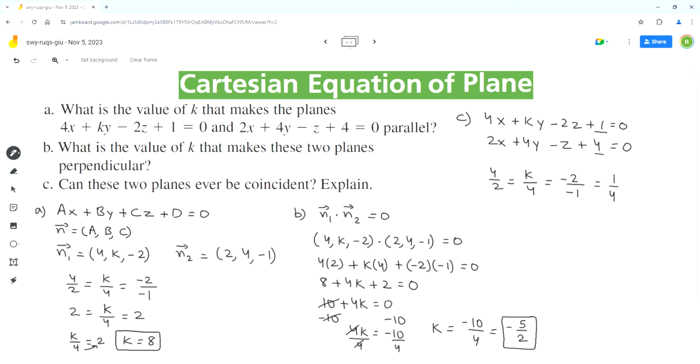Now we can simplify the ratios. We can see that not all ratios are the same. That means these two equations are not scalar multiples of each other. And that confirms that these two planes can never be coincident.